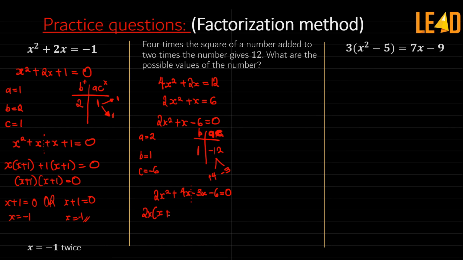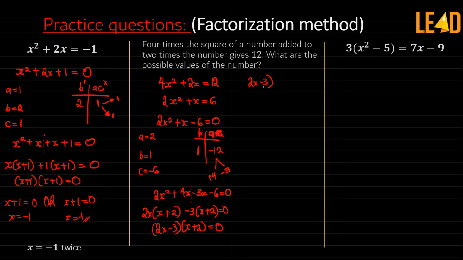That should be x plus 2. And from this, I can factor out negative 3, x plus 2. You want to make sure that what you have in the brackets are the same. So we'll end up with 2x minus 3 times x plus 2 is equal to 0. Good.